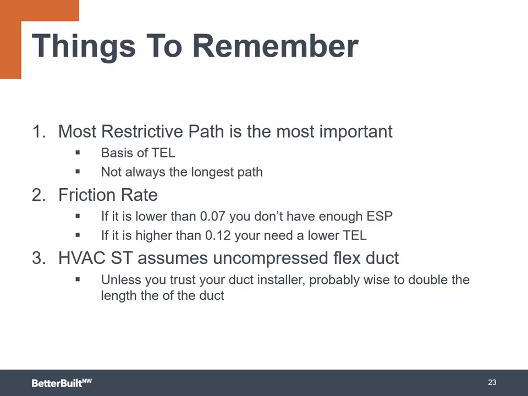But that one size bigger, again, assumes that it's almost perfectly installed. And unless you really trust your duct installer, you might want to double the length of the duct, because that's what happens when you get about 15% compression. Every 10 feet of flex duct is equal to about 20 feet of sheet metal ductwork.